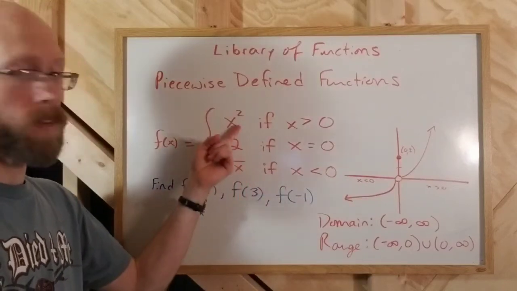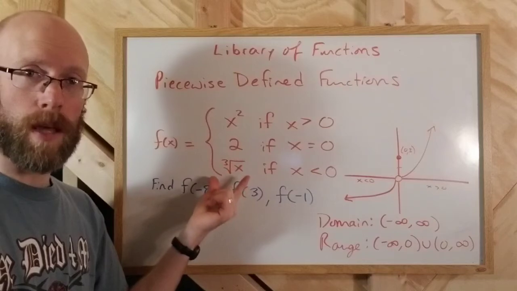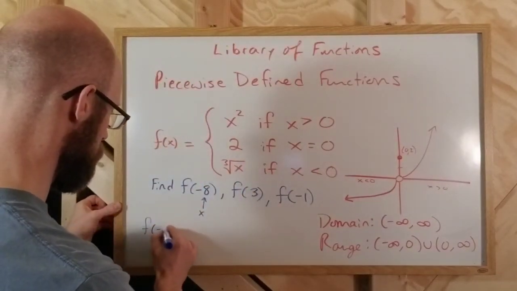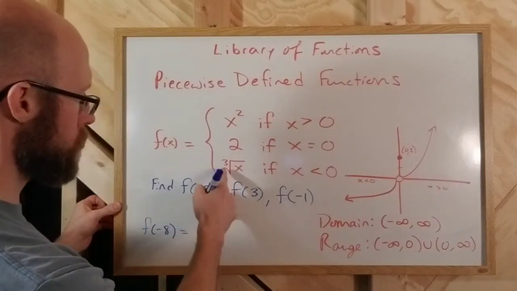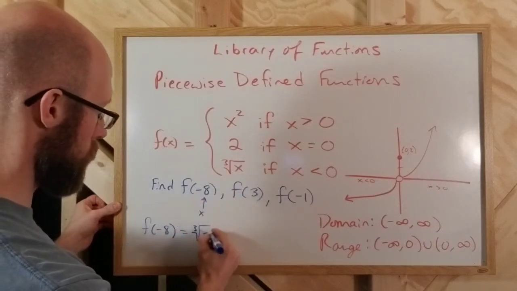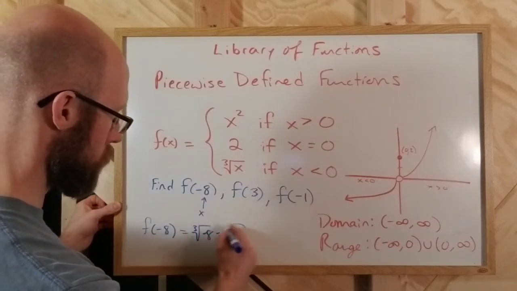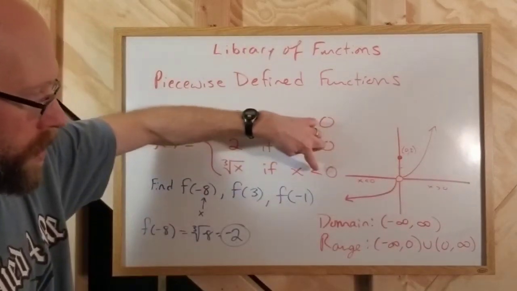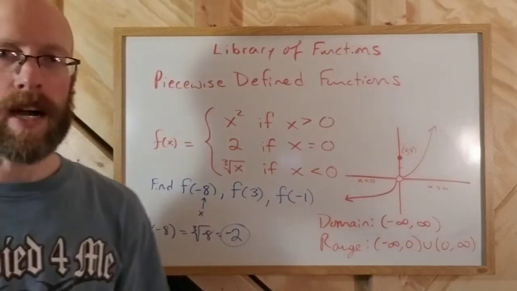I don't plug the negative 8 into the other functions. It's only that bottom one. And so f of negative 8 is going to be the cube root of negative 8, which is negative 2. Okay? So coming out here to the left, when you get out to negative 8, the function would be down 2 units.